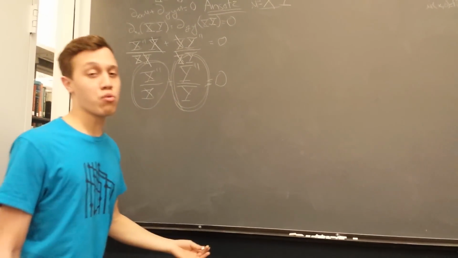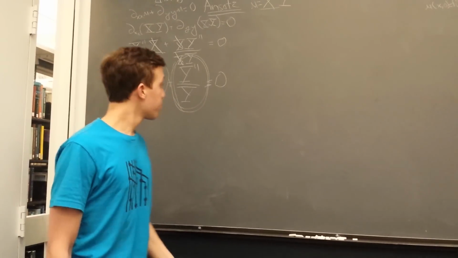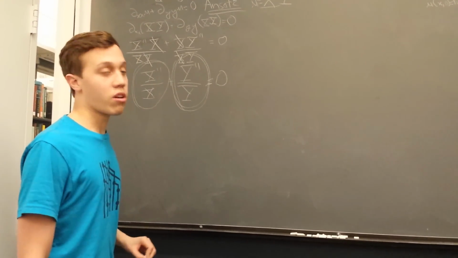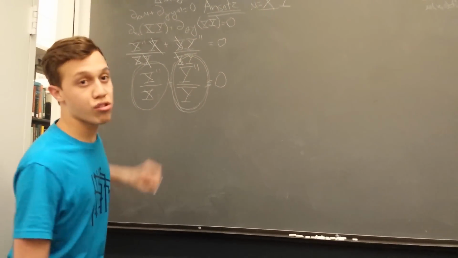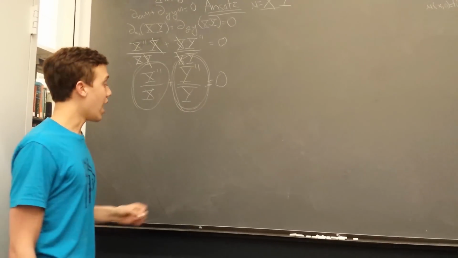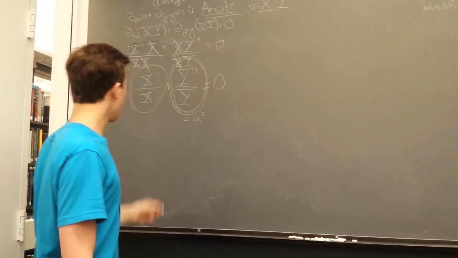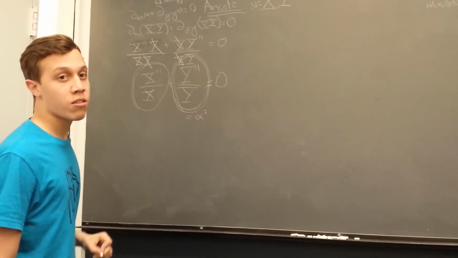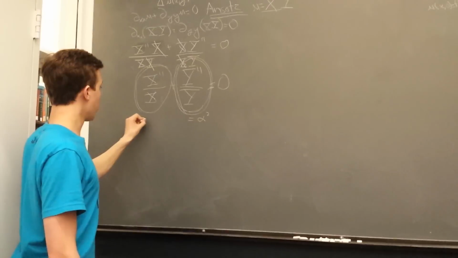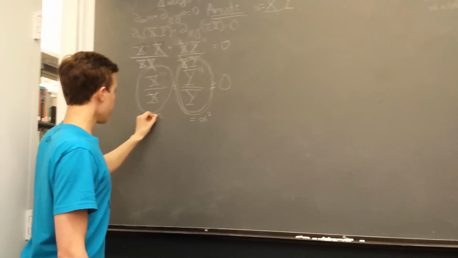You can't have x plus y equals 0, for example. So we know these will both be equal to constants. So let's set this right circle, big Y double prime over big Y, equal to alpha squared. And let's set this left circle, big X double prime over big X, equal to negative alpha squared.